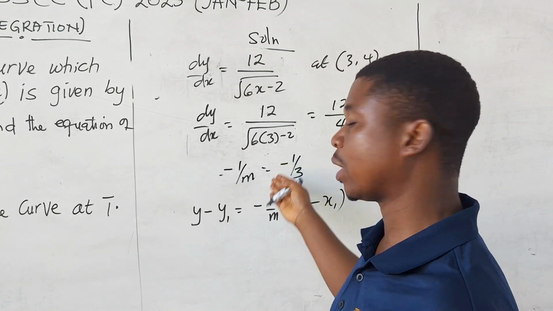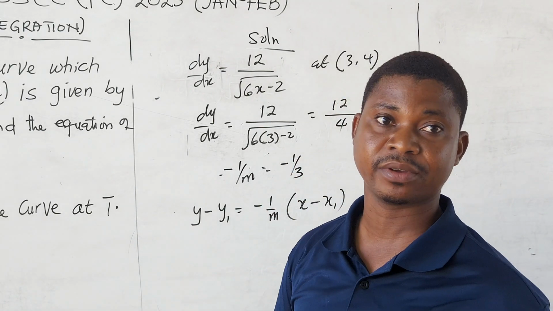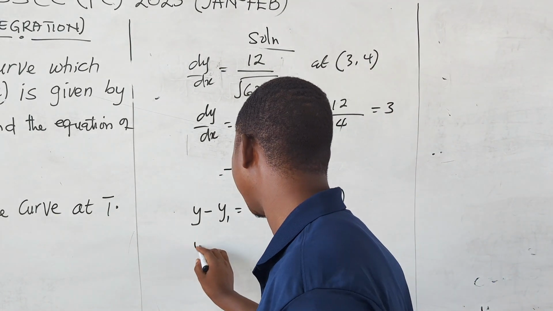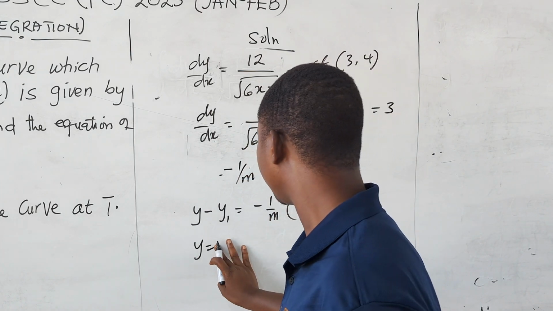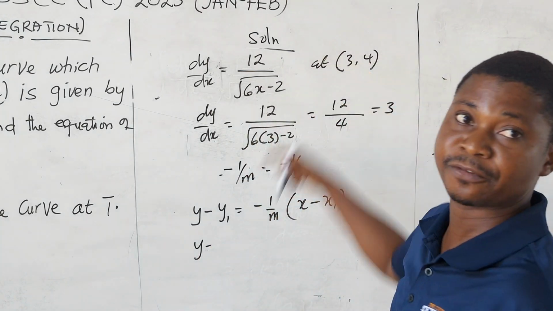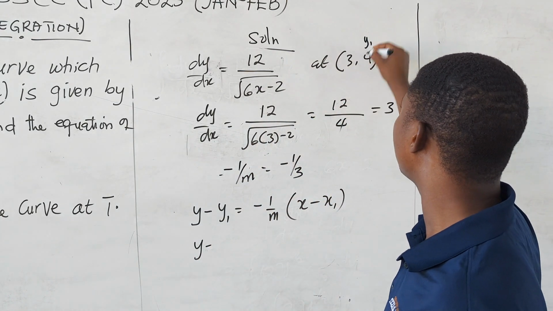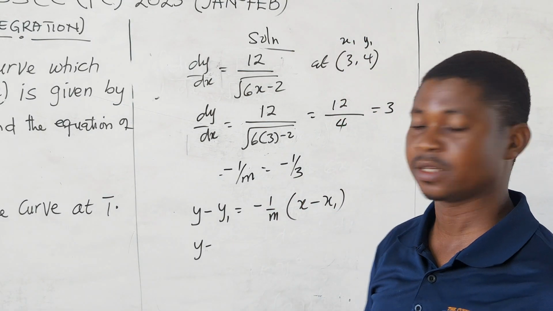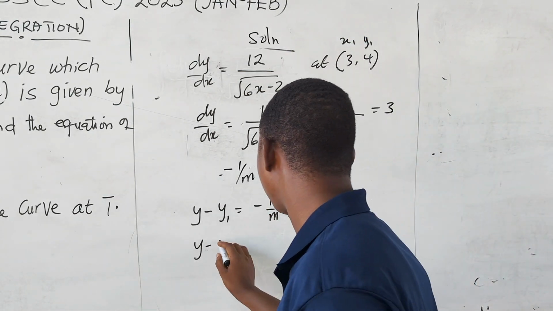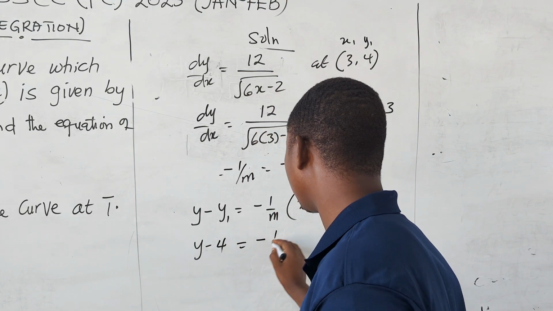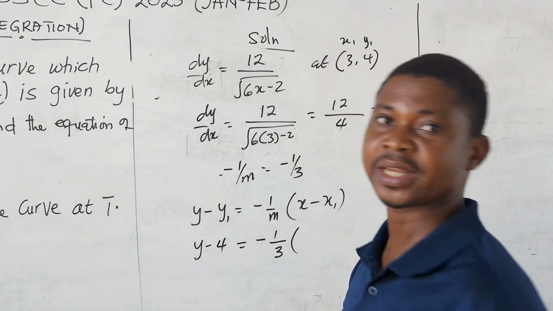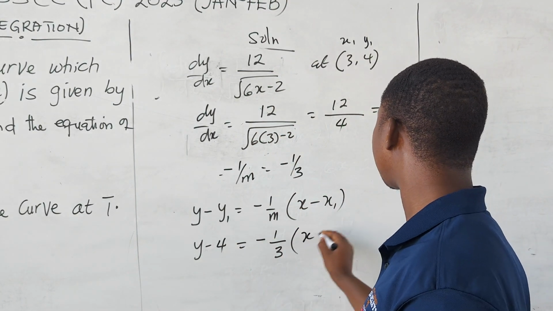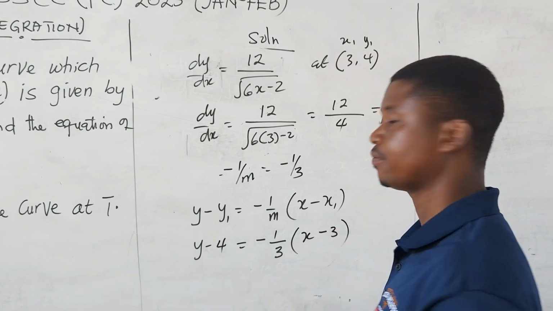With minus 1 over m being negative 1 over 3 and the point (3, 4), our y1 is 4 and our x1 is 3. Substituting, we have y minus 4 equal to minus 1 over 3 into bracket x minus 3.